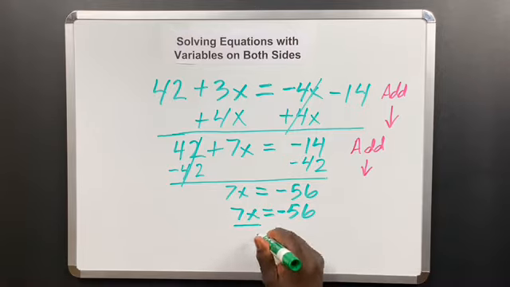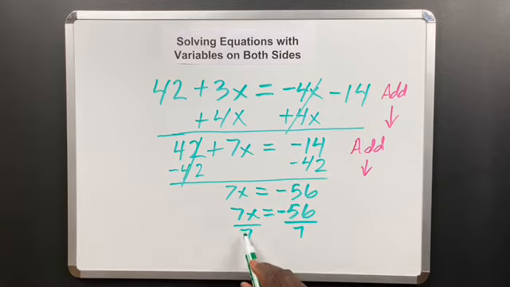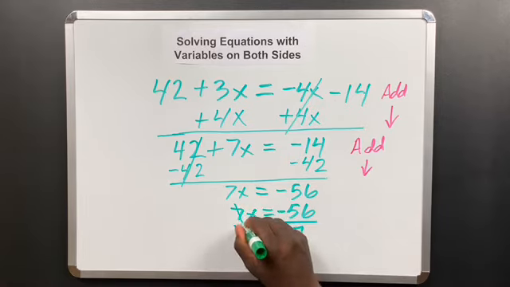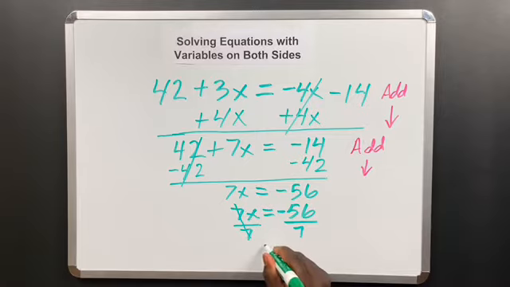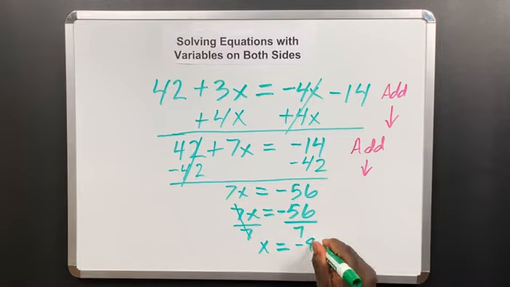So we're going to divide this side of the equation by 7. Whatever you do to one side, you have to do to the other to balance it. We divided this side of the equation by the coefficient. 7 divided by 7 is 1. X is equal to negative 56 divided by 7. That's right. Negative divided by positive is a negative. So that's negative 8. This is our final answer.